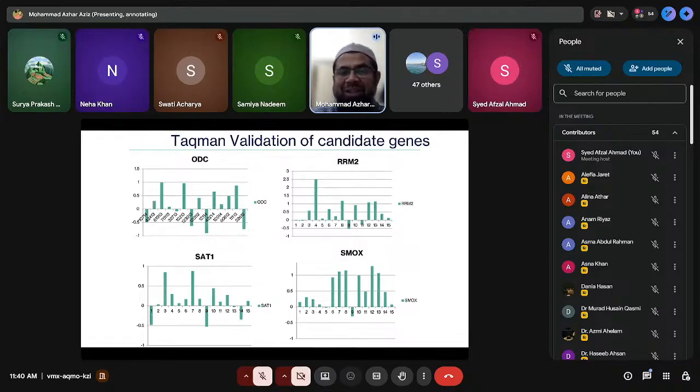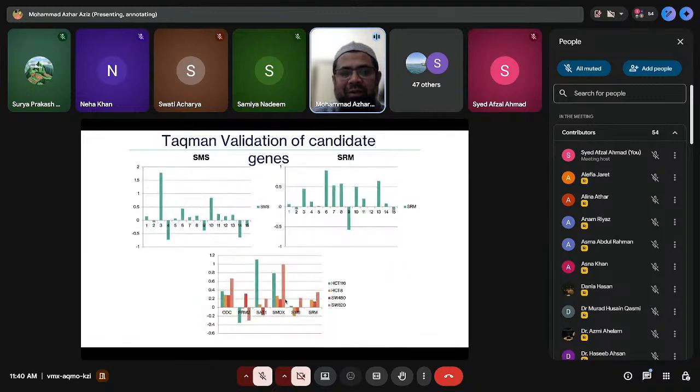But in cancer, I can tell you this is impossible because every patient is different. Overall, this was all done in cell lines. Even in cell lines, ODC1 showed very uniform behavior, but the other genes had different responses in terms of expression level. And we used the TaqMan chemistry for validating these genes.